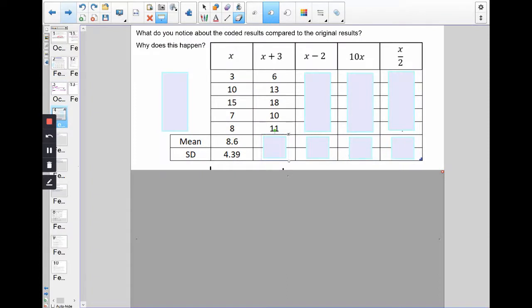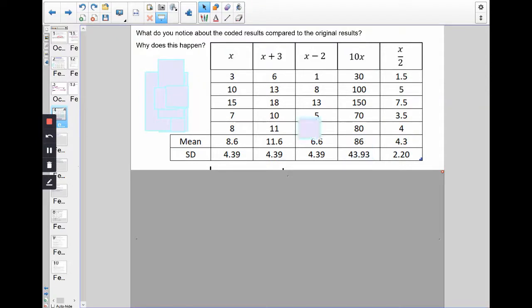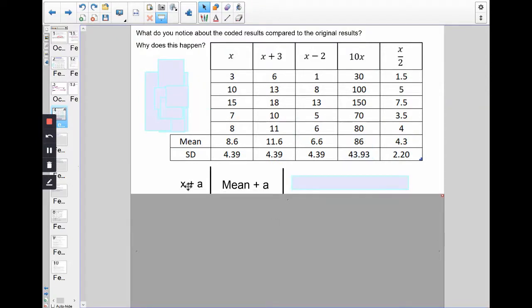Looking at what we've just discovered here, when you have a bunch of x values and you add a to each of those values, the mean will be the mean plus a, and the standard deviation doesn't change.